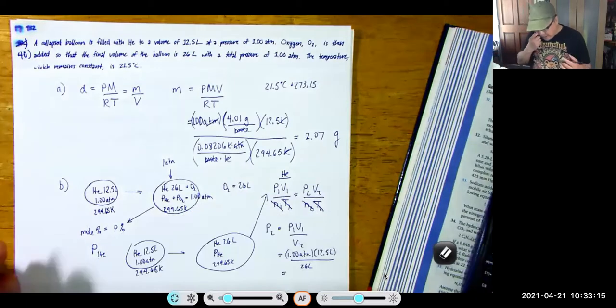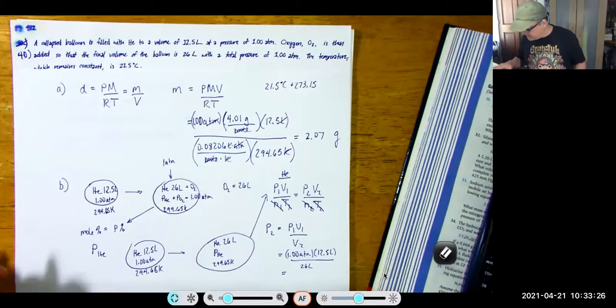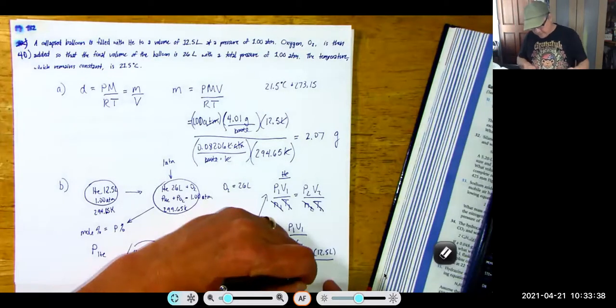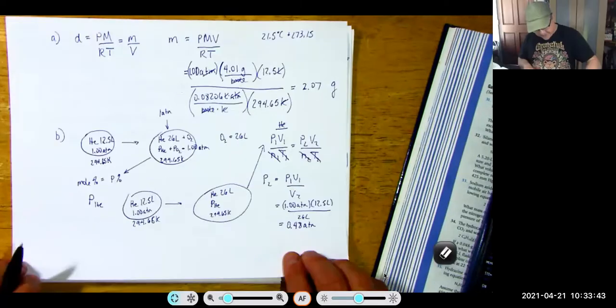It's going to be about half an atmosphere, because 12.5 over 26 is about half, a little less than half. 12.5 divided by 26, and I get 0.48. So that's the partial pressure of helium. That's B.